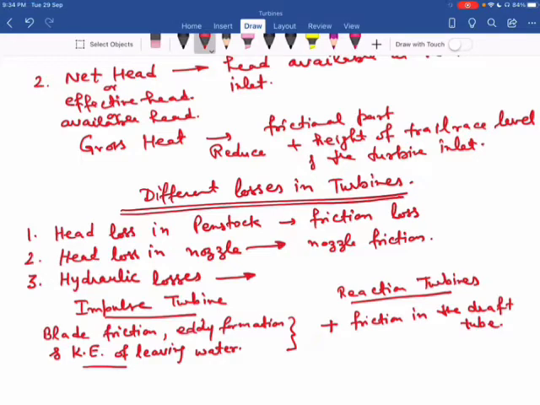So in reaction turbine, we have one more component that is called draft tube. Now this draft tube connects the outlet of the turbine to the tail race. So again, this is one type of a pipe of enlarging cross section. So the friction in that contributes as the hydraulic loss in reaction turbine. So draft tubes are present only in reaction turbines.